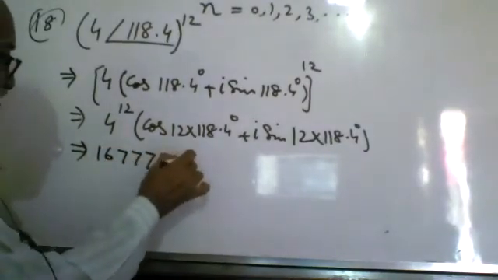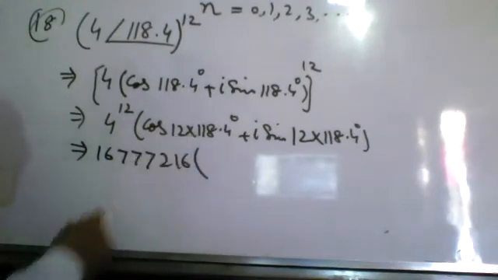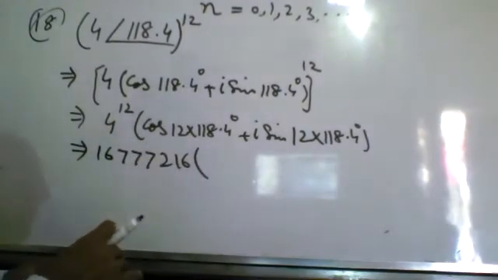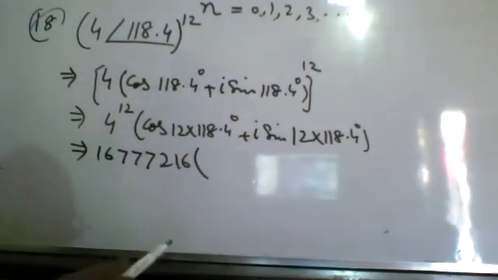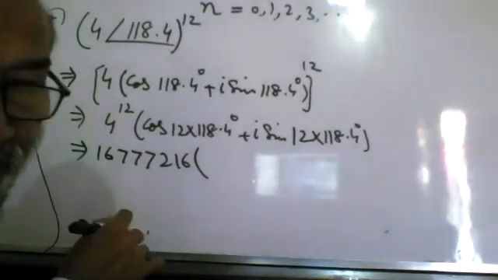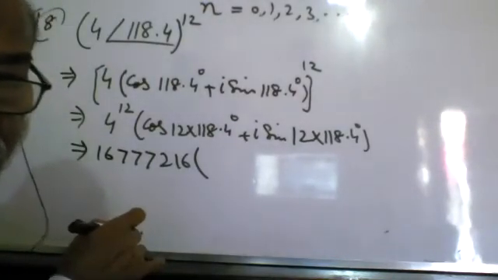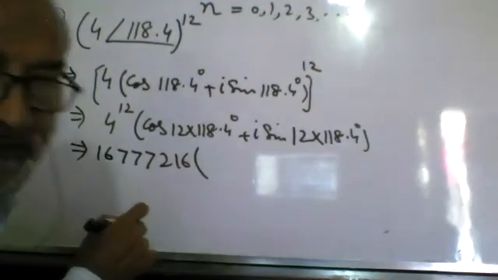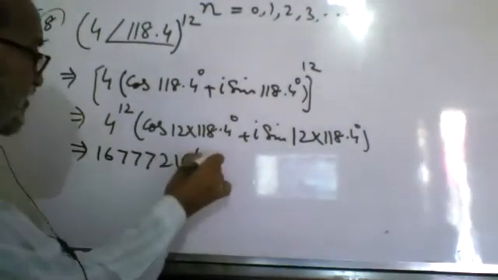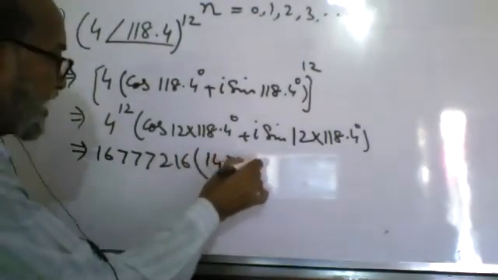Good, Anusha. 12 into 118.4 is 1420.8. Good, Nimra.